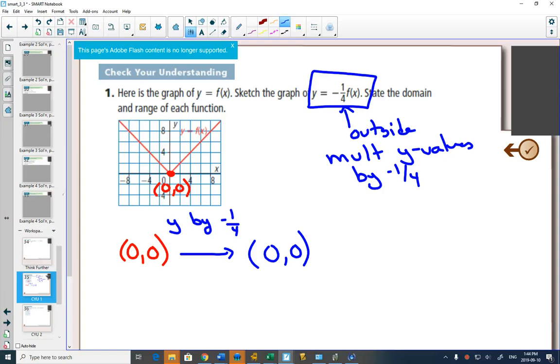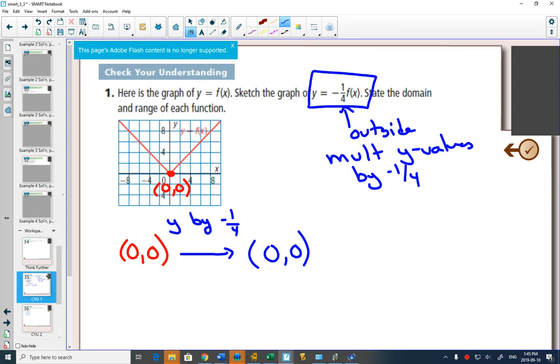If I'm choosing another point on this graph, can you tell me one reason why I might not want to choose 1, 1 or 2, 2, but I might like 4, 4?